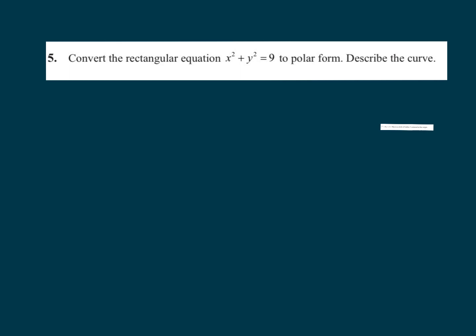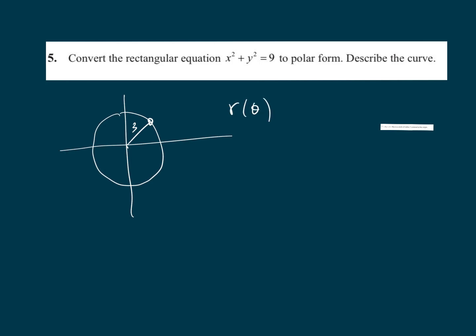So we know that this is a circle of radius 3, center at the origin. In Cartesian coordinates, the equation x squared plus y squared equals 9 says that this is a circle. Okay, so what is r of theta?